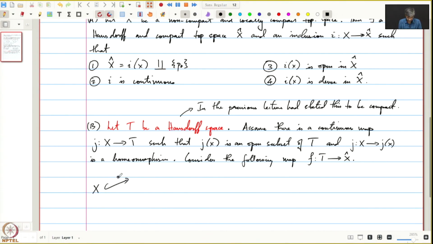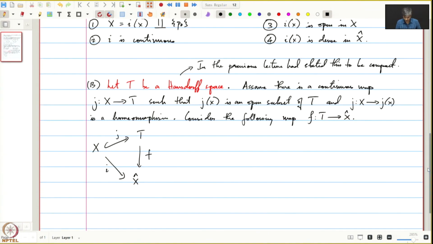We have J over here, and we have X hat, this is our I, and we are going to define F as follows. So the picture we had made was the following. We took this open disk, and let's say we put it into this closed disk, this J, right?